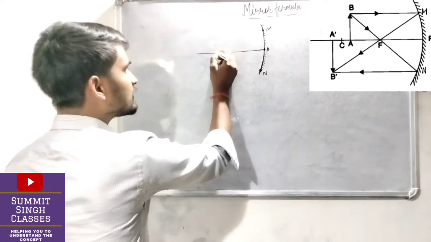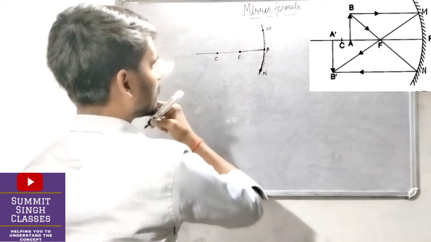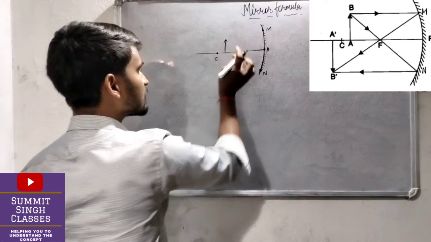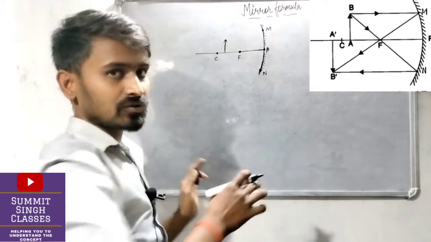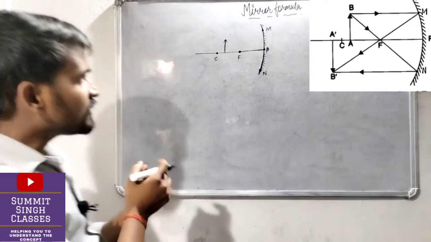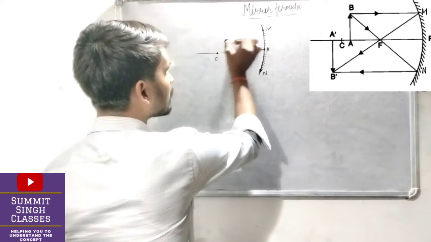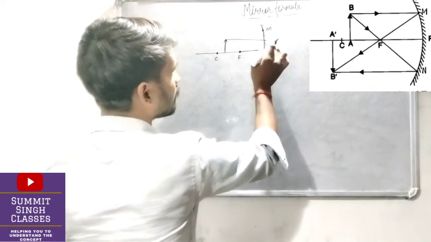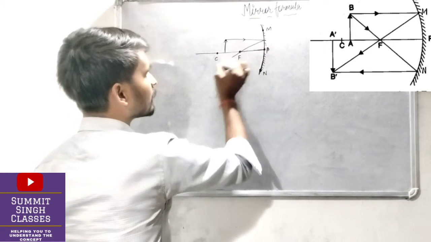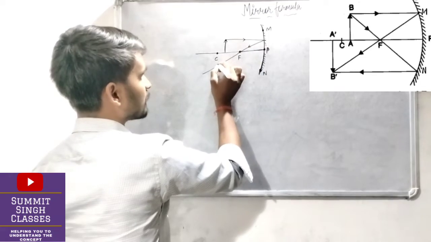If this point is the center of curvature and this point is the focus, then an object is placed between the center of curvature and the focus of the concave mirror. Then the first light ray goes parallel to the principal axis and falls upon the mirror, and after reflection it comes back through the focus.